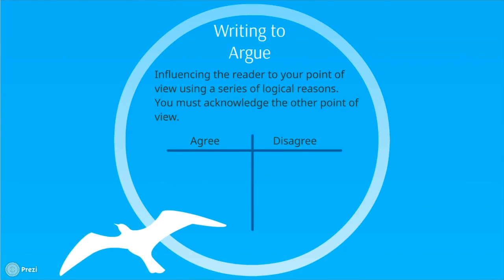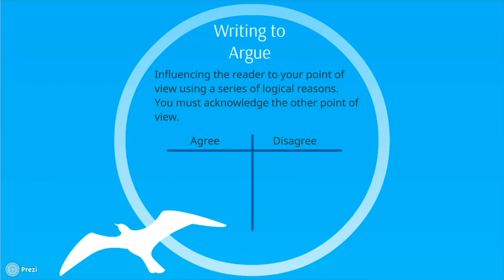Now, if they ask you to write to argue, then I think personally that's the easiest one because that links directly with writing to express a viewpoint. Essentially, what you're doing is you're influencing the reader to your point of view. Now, you must acknowledge the other point of view as well, and I will go through this in my structuring an argument video.